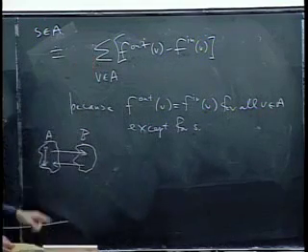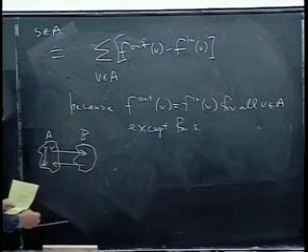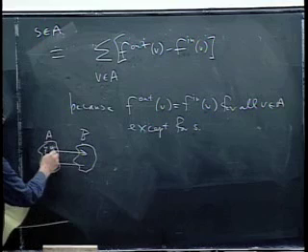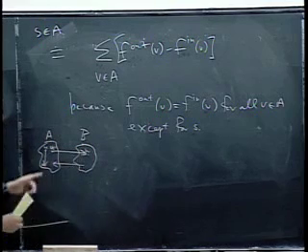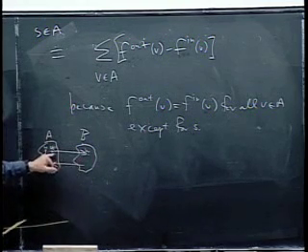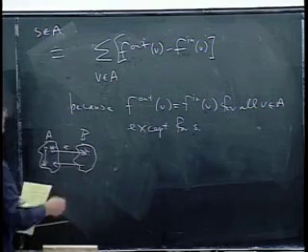Then we have an edge like this that goes from, let's make this U again, U to W, where W is in B. So in that case, we have a flow on this edge that goes out.